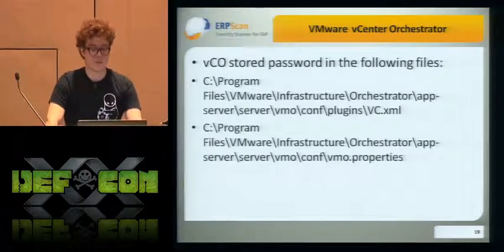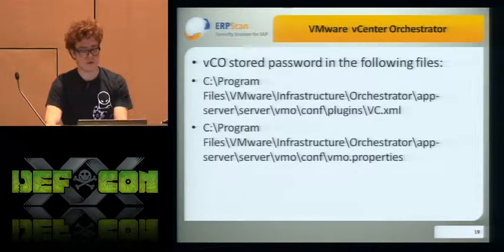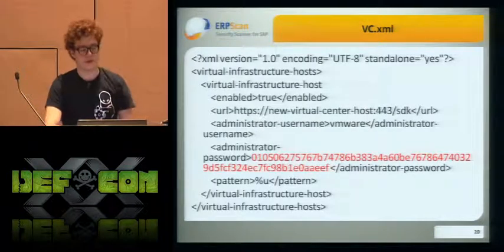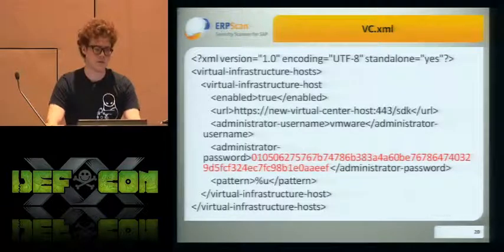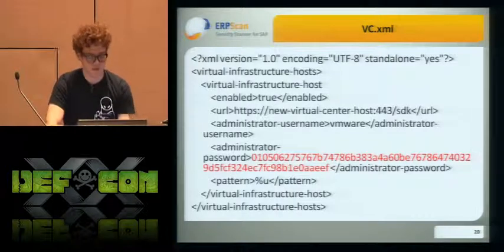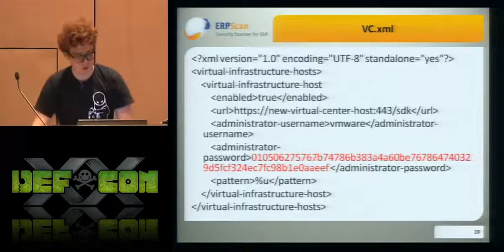vs.xml and vmware.properties. These files look like this. It looks like a hash, but actually it isn't a hash because it has an odd length, so definitely not a hash.